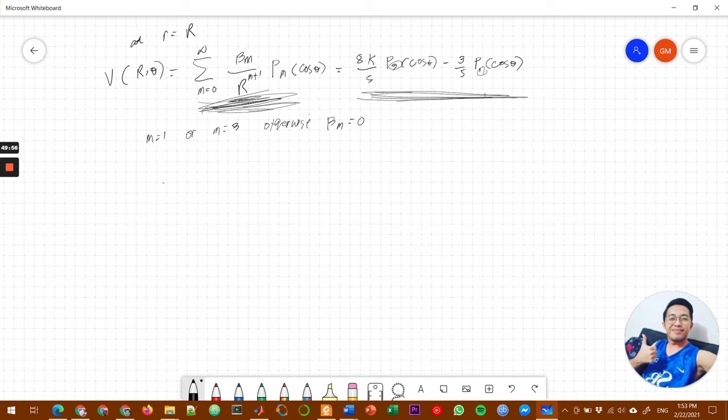So let's consider first m equals 1. So we have b1 over r squared p1 cosine theta, that's equated to kani siya nga term 3 over 5 p1 cosine theta.